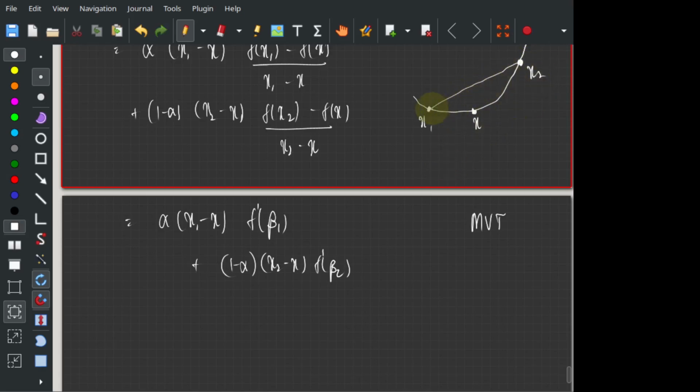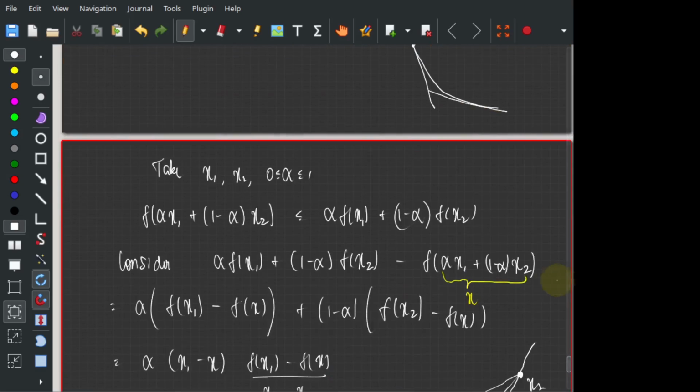Instead of looking at this straight line, I'm looking at these 2 straight lines, and I know that there is some point in between over here which has the same slope as this straight line, and there's some point in between over here which has the same slope as this particular straight line, where beta 1 is between x1 and x, and beta 2 is between x and x2.